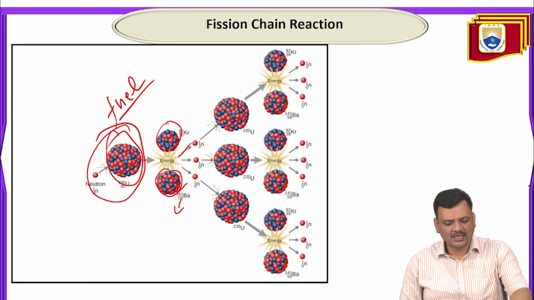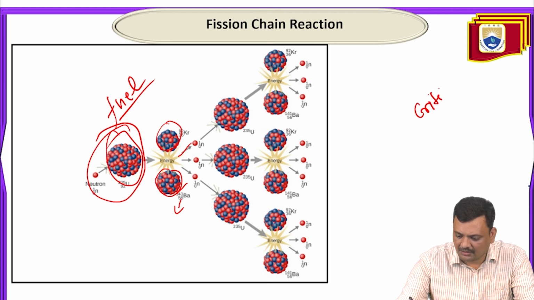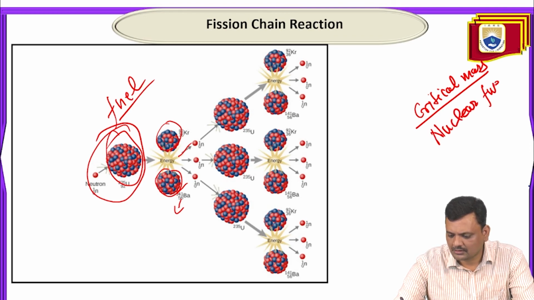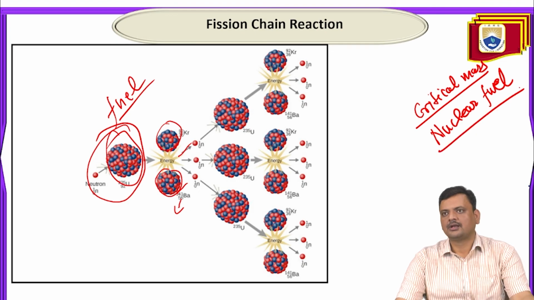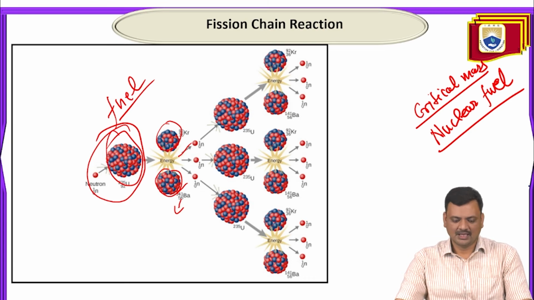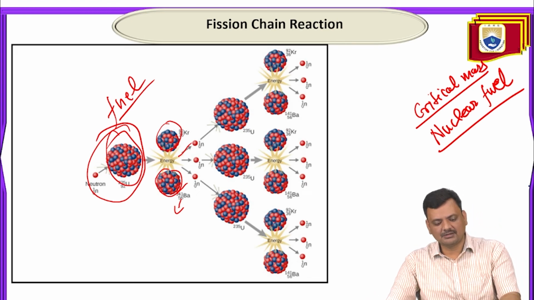Why? If you take an atom in a critical amount or critical mass as a nuclear fuel, the critical mass of nuclear fuel contains several millions of atoms. Here in the pictorial diagram, only one atom's perspective is given.